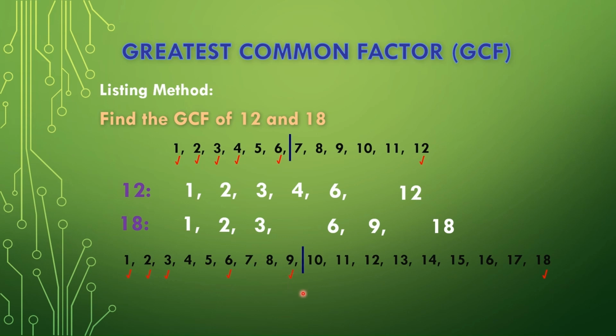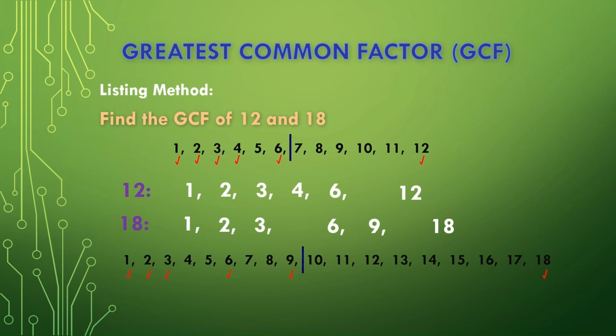So as mentioned earlier, there's no point to continue listing the numbers in between the median and the last number, because these numbers are not factors of 18. And when you divide 18 by these numbers, it will always give you a result that has a remainder.